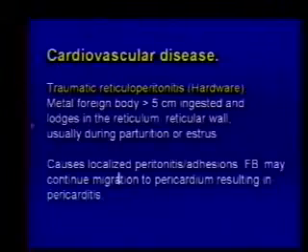Okay, it could just barely attach or penetrate the reticular wall. It can penetrate the reticular wall and into the diaphragm, or it can go through the diaphragm and actually puncture, if you will, the heart, and then cause a pericarditis. So it may cause a localized peritonitis with adhesions. The foreign body may continue migration to the pericardium, resulting in a pericarditis.